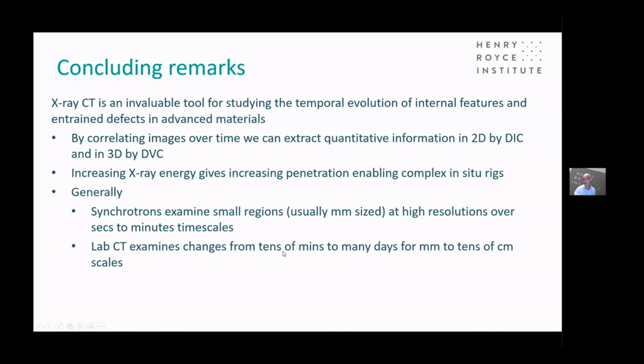It's very well suited to samples of centimeters or larger sizes, and can image over timescales running from tens of minutes to many days or even to years. It is possible to do micron scale or submicron scale imaging in the CT in the lab, but the timescales tend to be longer.